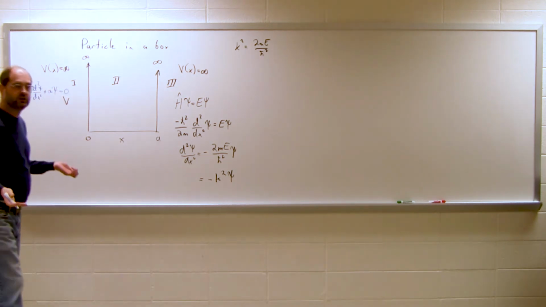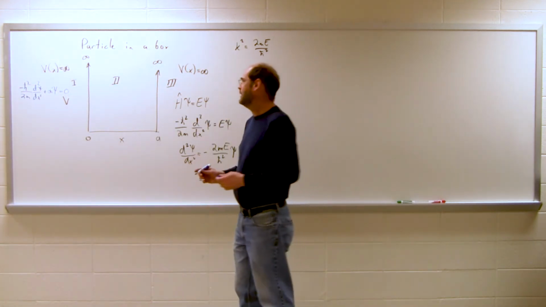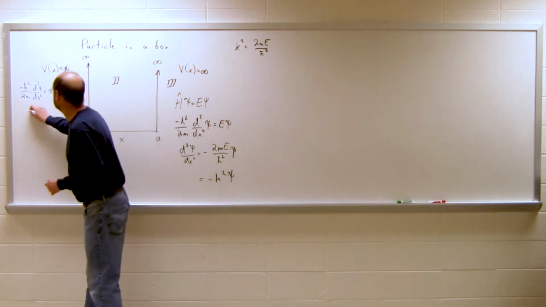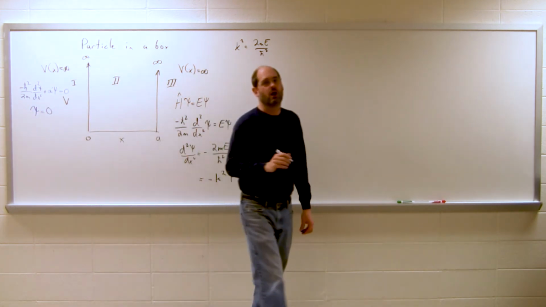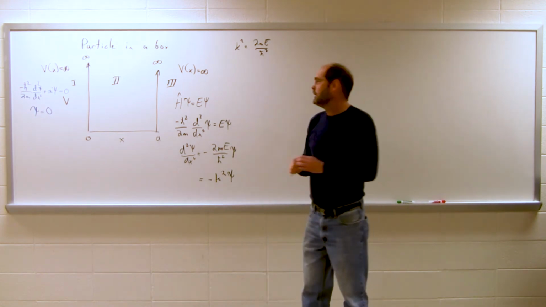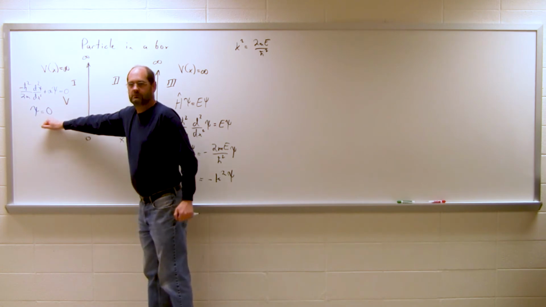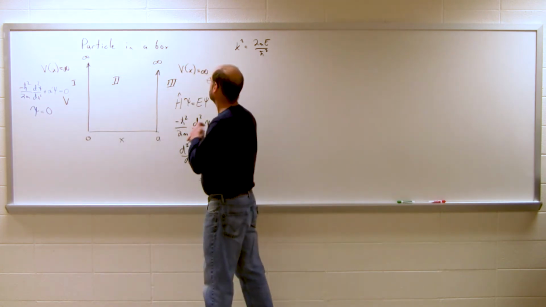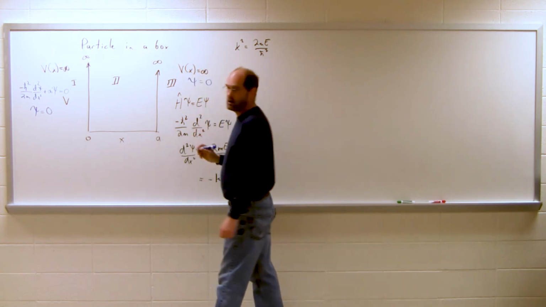What possible function do I have that will meet this criteria? It's actually pretty simple. My function must be such that the wave function is equal to 0. So in region 1, the wave function is 0. In region 3, the same thing holds. The wave function is equal to 0.